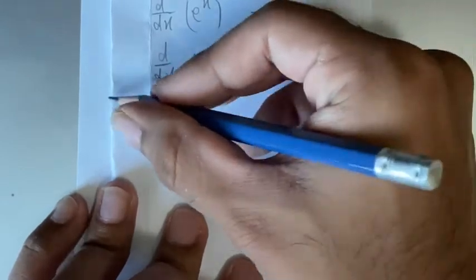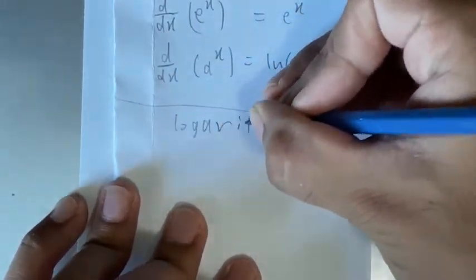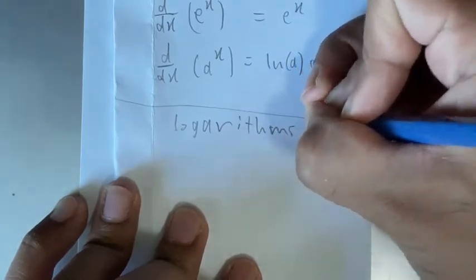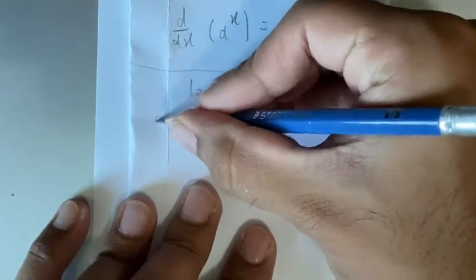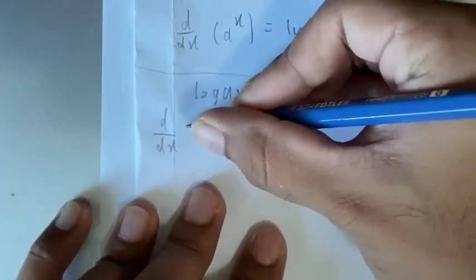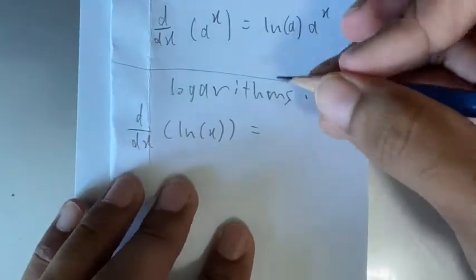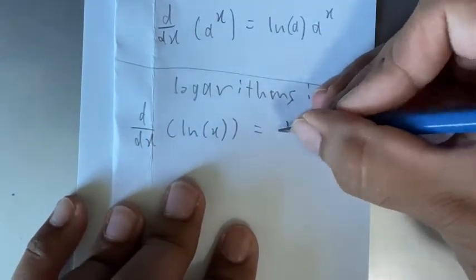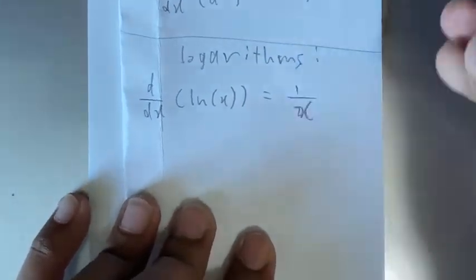Then if you look at logarithms, if you do d by dx of ln x, you get 1 over x.